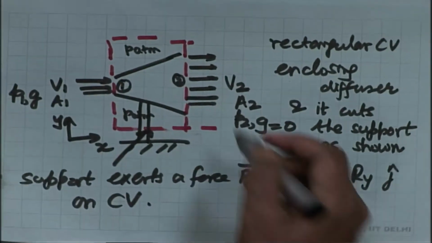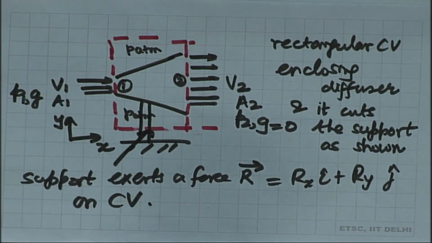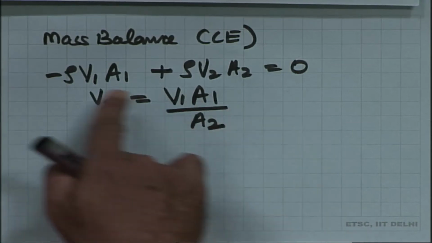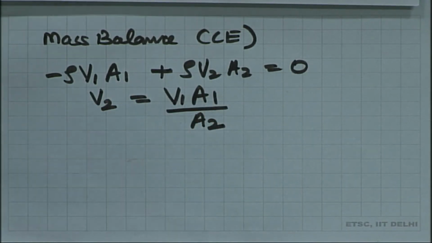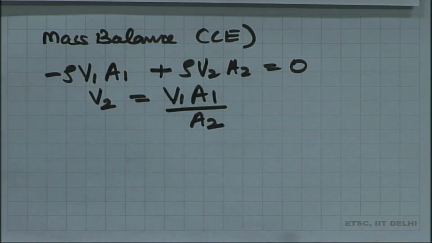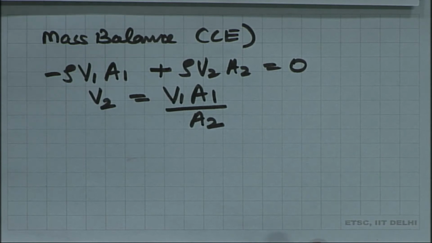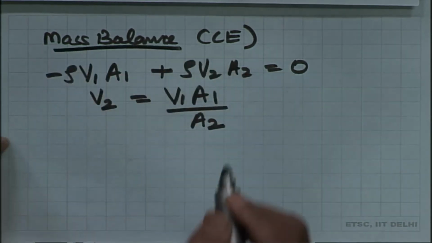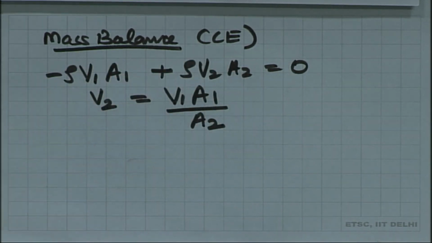I have not gone through the details, but it is fairly obvious. The unsteady term d by dt is 0, and these are the two terms I get when I expand the integral over the control surface of rho v dot n dA. And in all problems, please remember, the first equation you should use is the mass balance.